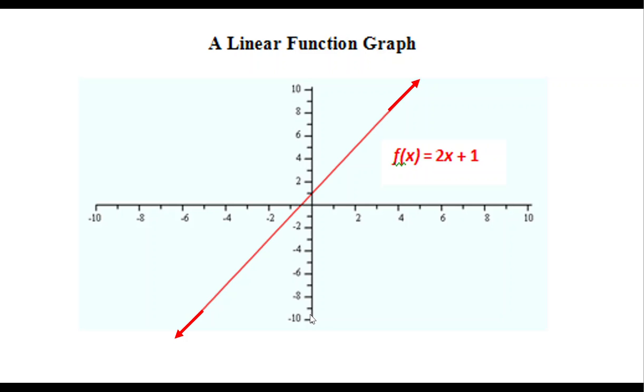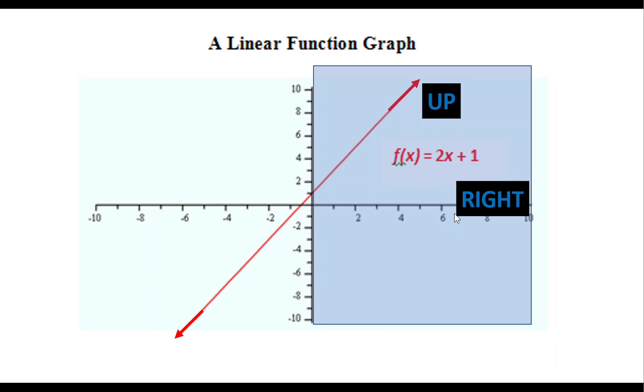What I want you to notice is that as your x values become more positive, the y values keep on rising. Same thing here, as your x becomes more and more negative, the y values become more and more negative. So how do we describe this end behavior?